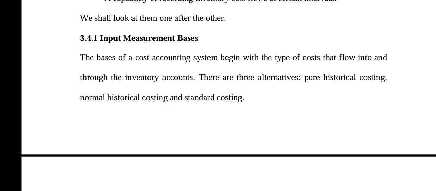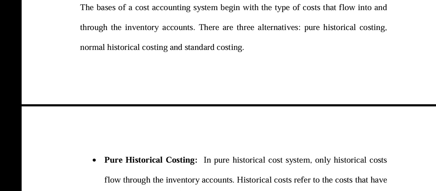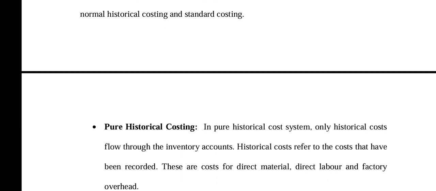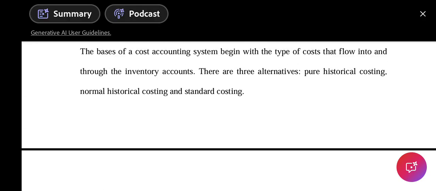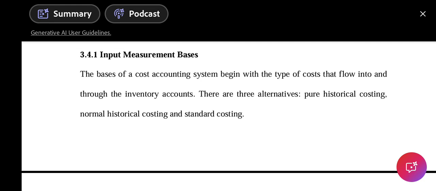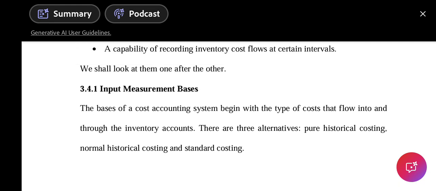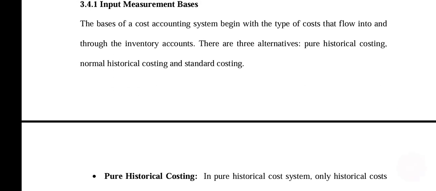And there are three alternatives under the input measurement basis. We have the pure historical costing, the normal historical costing, and the standard costing. So these are the three alternatives under the input measurement basis.